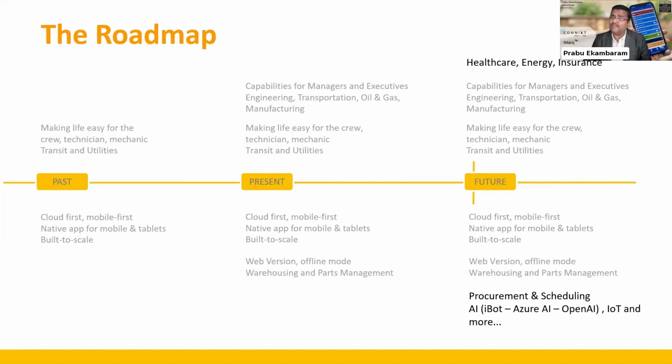And we are also planning to add modules for procurement and scheduling. When it comes to procurement, not on a typical procurement basis, but for parts, right? We talked about that. Right now, we are allowing our mechanics and technicians to see how many parts are available, look over the inventory, and then consume those parts, right?